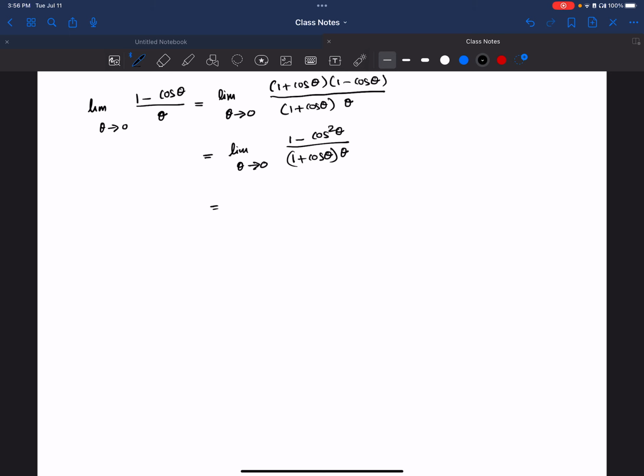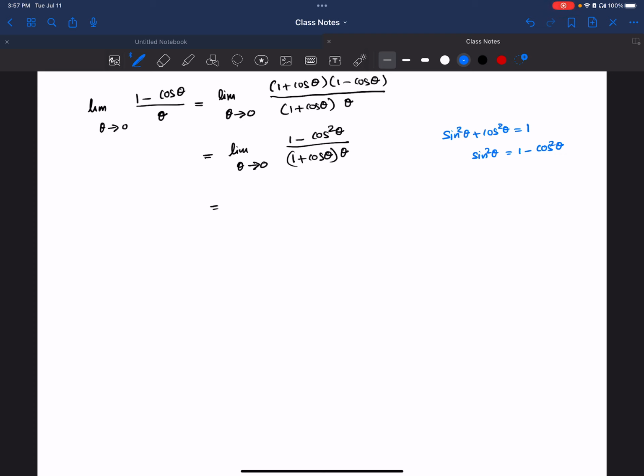And you might remember a trigonometric identity, sine squared theta plus cosine squared theta is equal to 1. Therefore we can write sine squared theta is equal to 1 minus cosine squared theta.